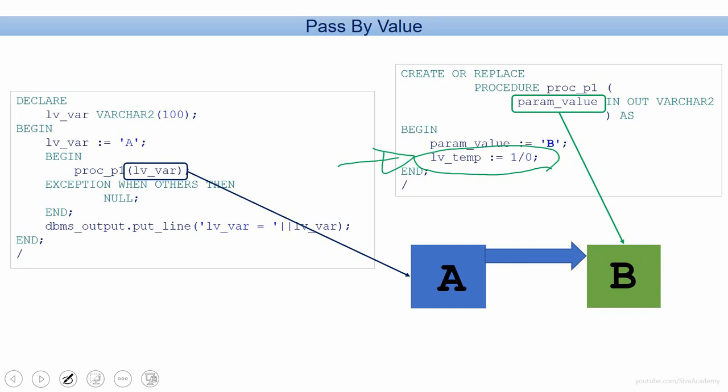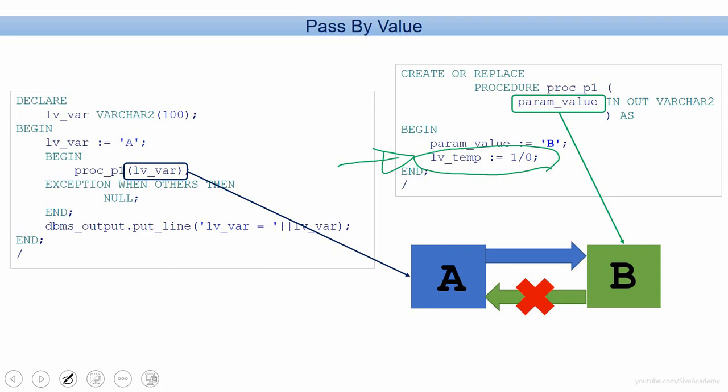So in this case, it will not copy the value back from the formal parameter to the memory location of the actual parameter. This is a very important point. Only on successful execution of the program will the values be copied back to the actual parameter memory location.